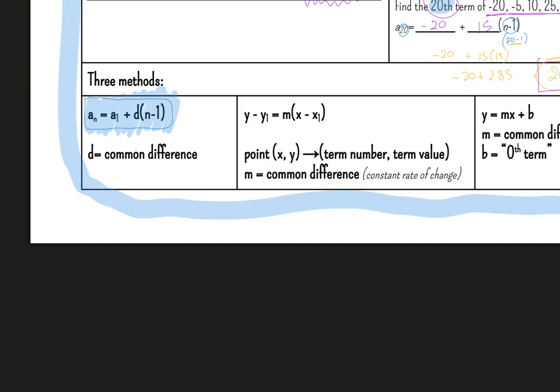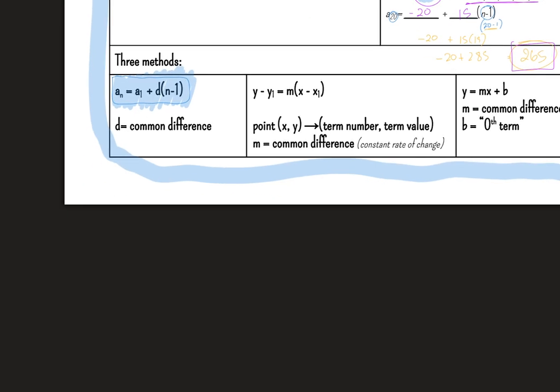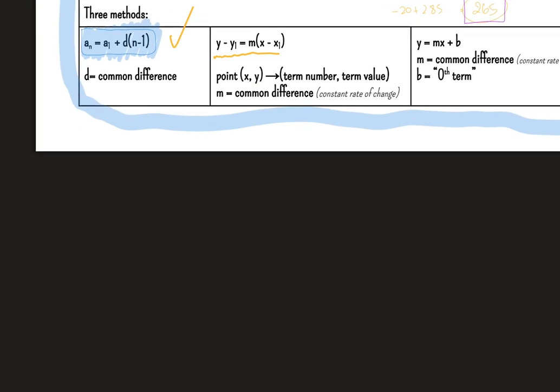So down here, this might shake you up a little bit, but this was the explicit formula, right? Notice how similar it is in structure to that. And if you think, no, not really, well, watch this. A sub n equals a sub 1 plus d times n minus 1.